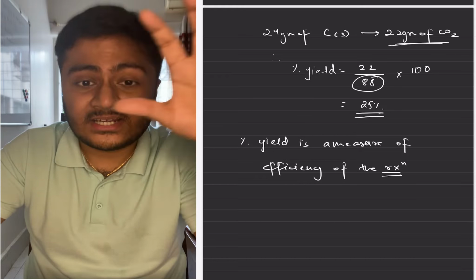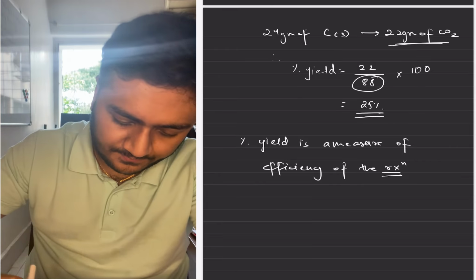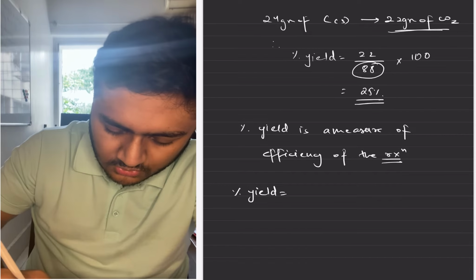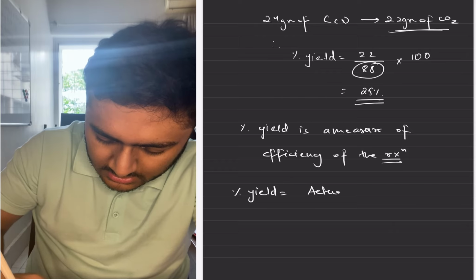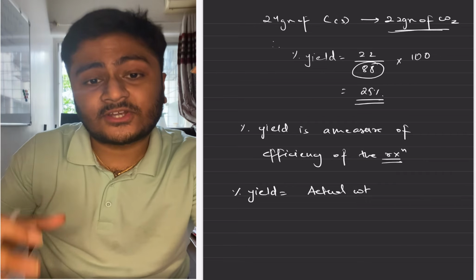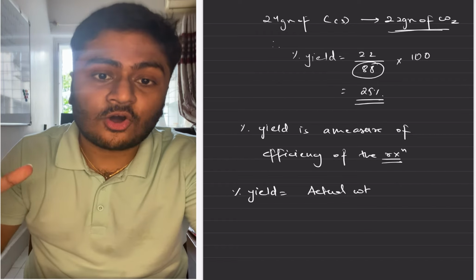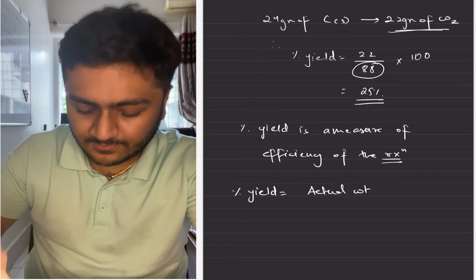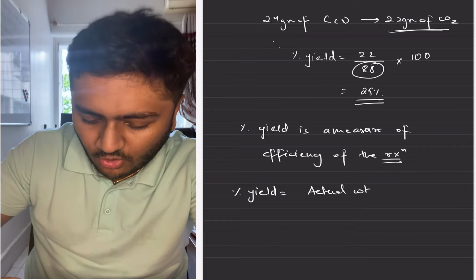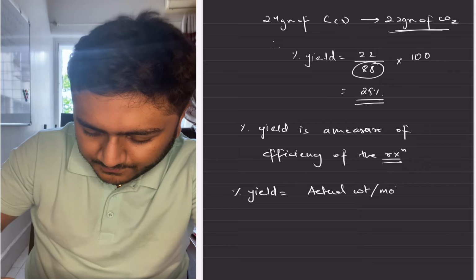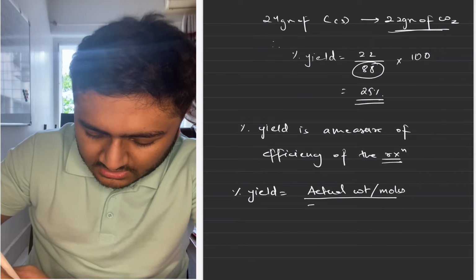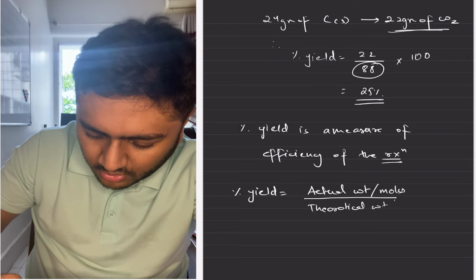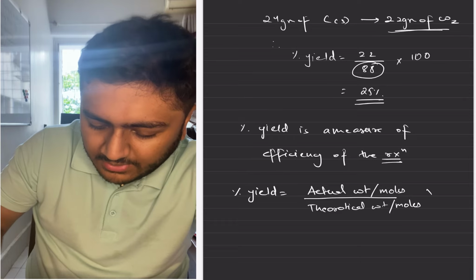Now let's understand the formula. Percentage yield is equal to actual weight. Instead of weight, you can use moles or volume as well. The volume is only with respect to gases. So I'm going to write actual weight or moles divided by theoretical weight or moles, multiplied by 100.